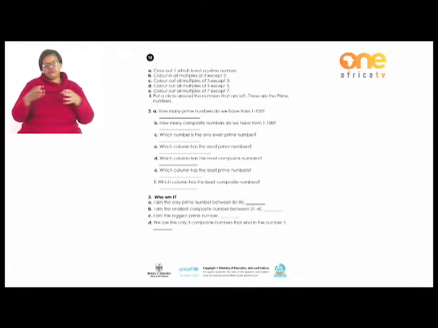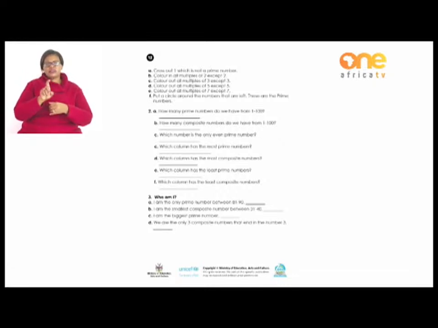Okay? So I want to encourage you to do this, take your time, and make sure that everything is correct. Because once you are done with that activity, it will help you to answer the question 2 part of this activity. So let's look at question 2. 2A. Once you are done coloring your activity and circling, now we do question 2.